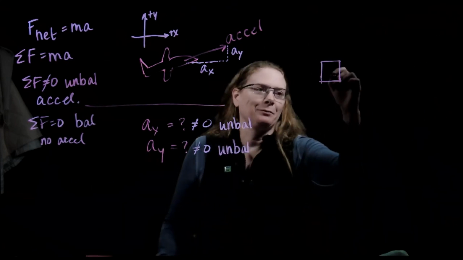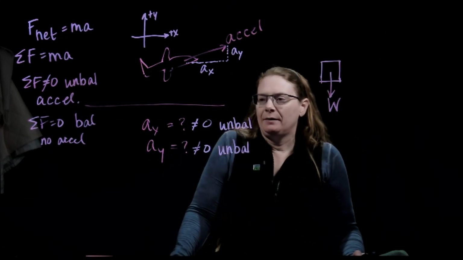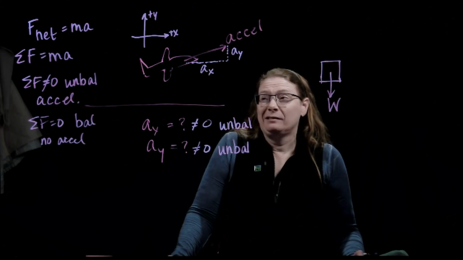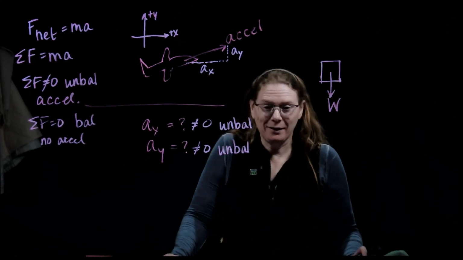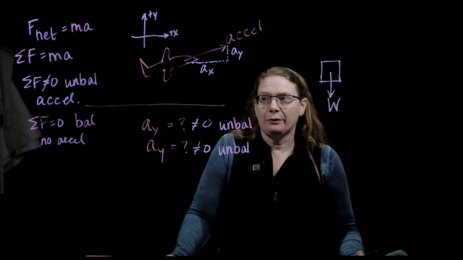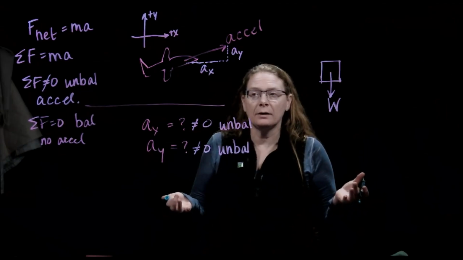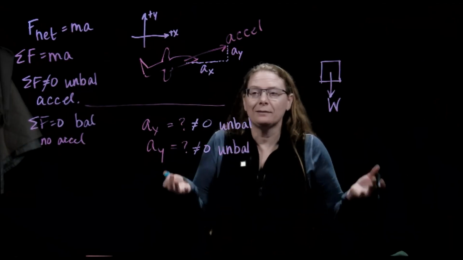We can always start with the Earth pulling down, the weight, force of gravity. And, if you know anything about planes, we actually have several different forces. The wings are holding the plane up.